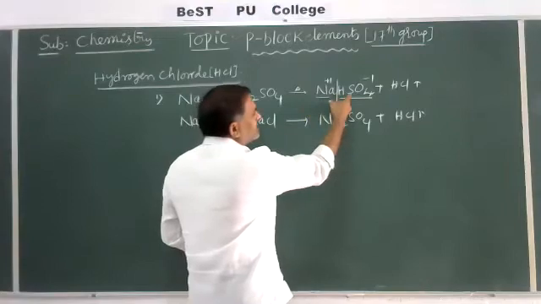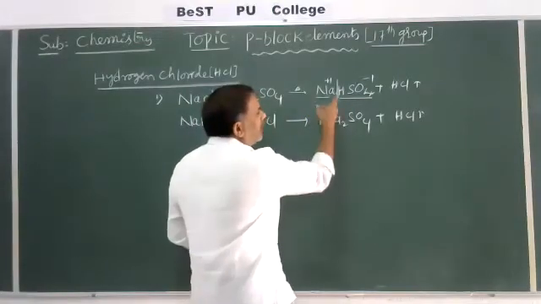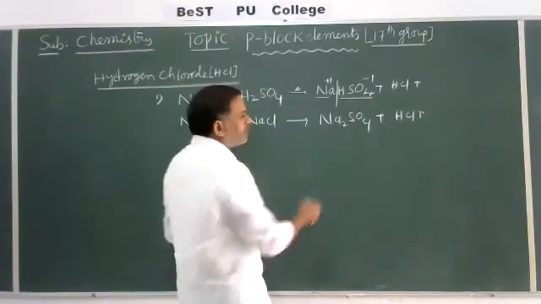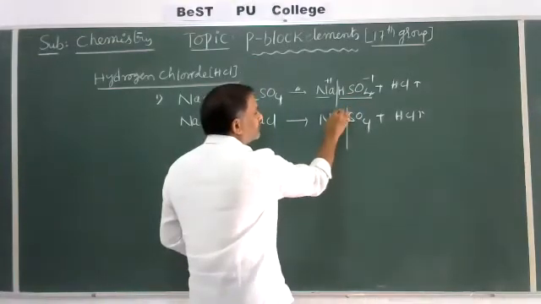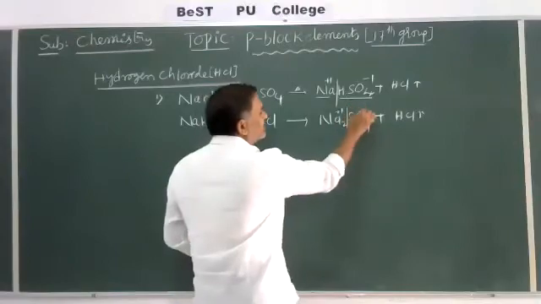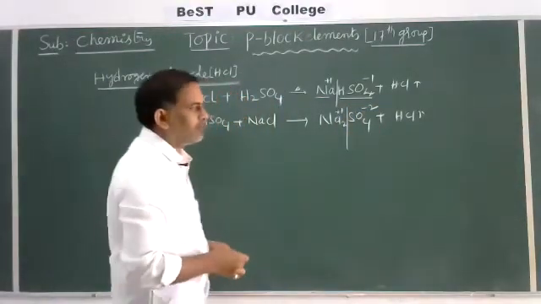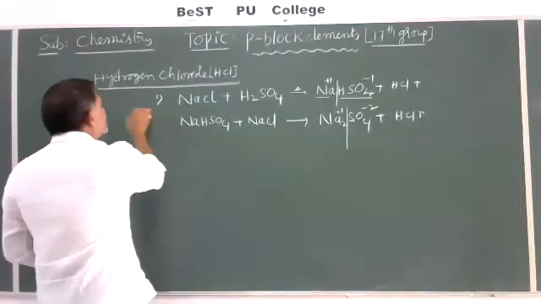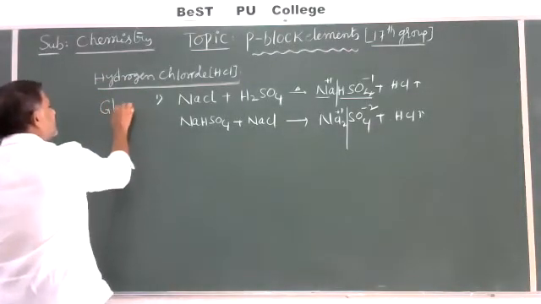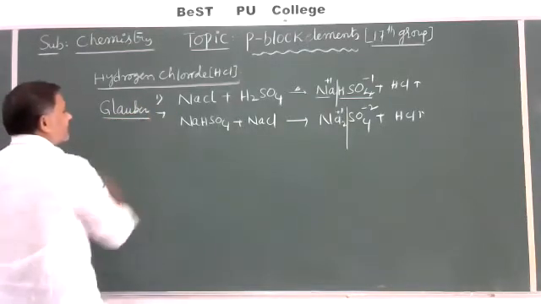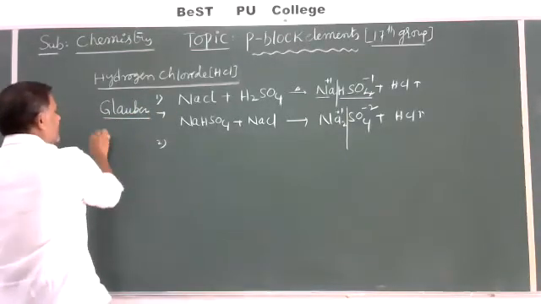The other is sodium sulfate: plus 1 into 2, plus 2, and the sulfate is minus 2. This was prepared by the scientist Glauber.